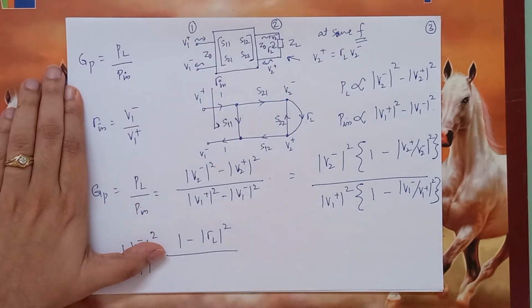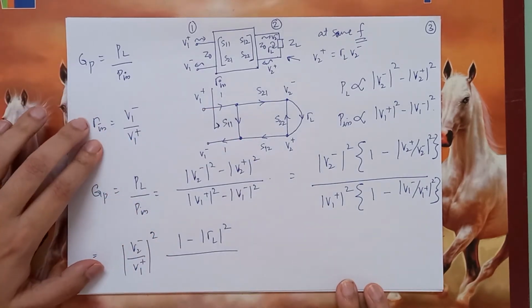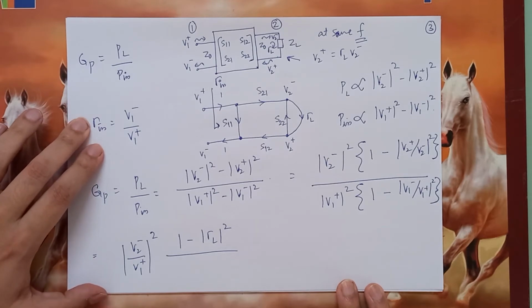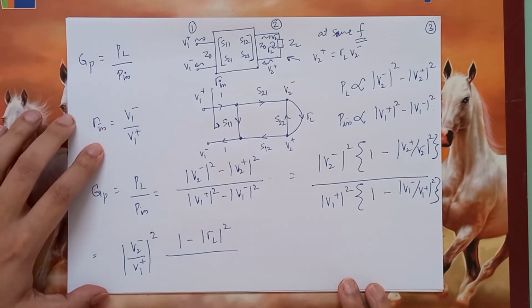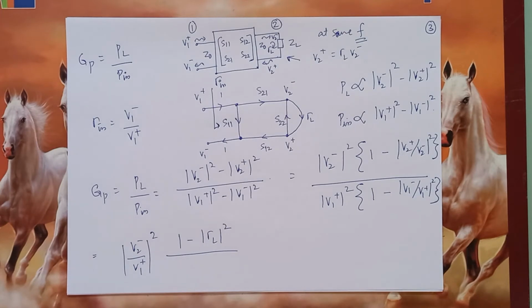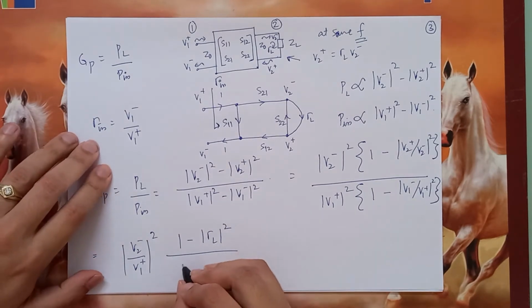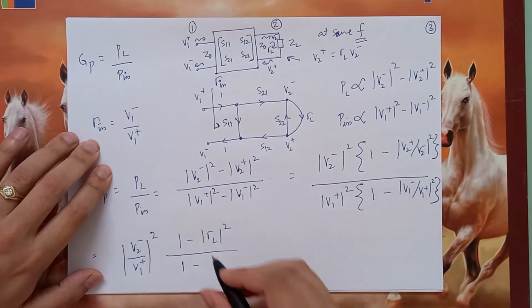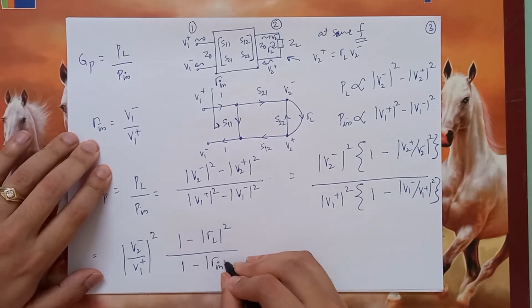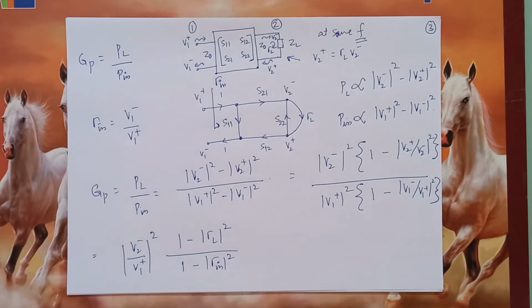We also derived its formula in the previous lecture. Is that fine? So the denominator will be 1 minus mod gamma in square.